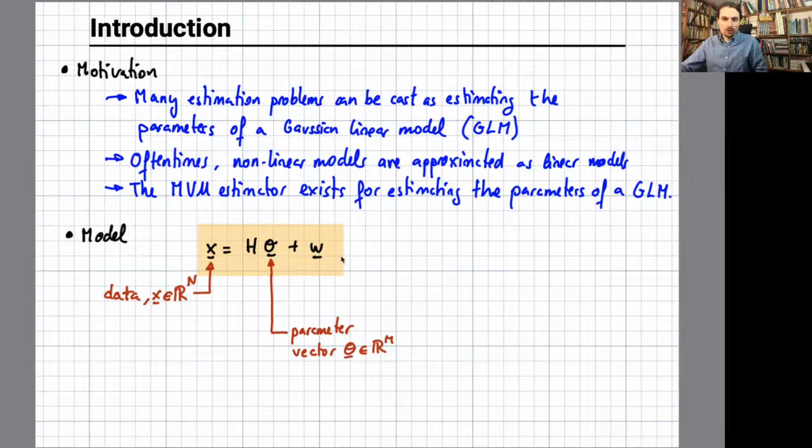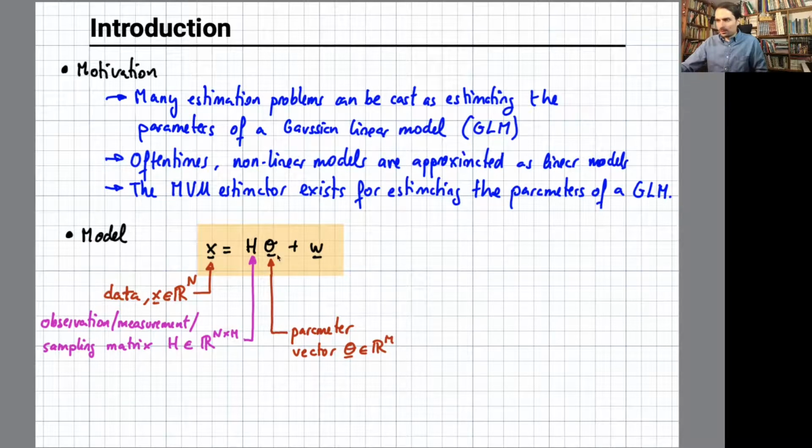some noise, right? We will be using throughout the lecture capital M to denote the length of the parameter vector, that is the number of parameters that we want to estimate, and we will continue to use N to represent the number of samples. The matrix featuring in this first term is, of course, of size N by M, right?